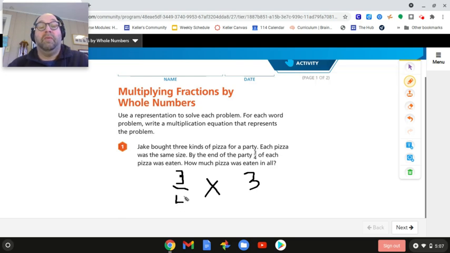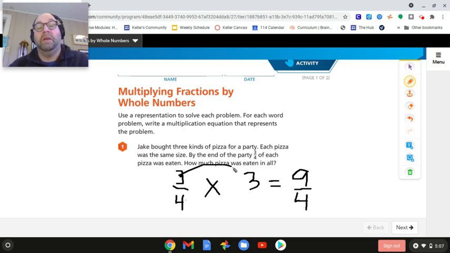And so we're going to skip count by 3s. So we're going to say 3/4, 6/4, 9/4. Or we could just do, real quick here, we can see that 3 times 3 equals 9. I'm going to put 3/1 just so you can see. And then 4 times 1 equals 4. And so 9/4 is the total amount of pizza that was eaten.